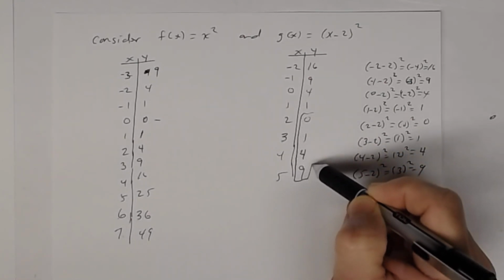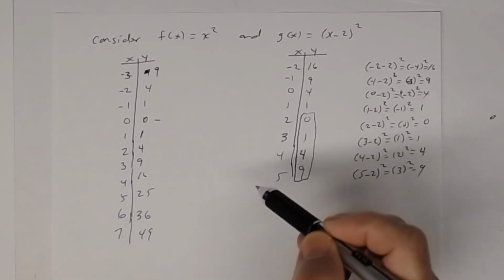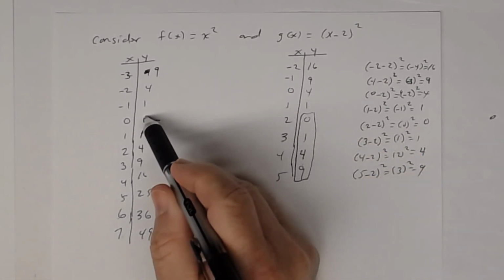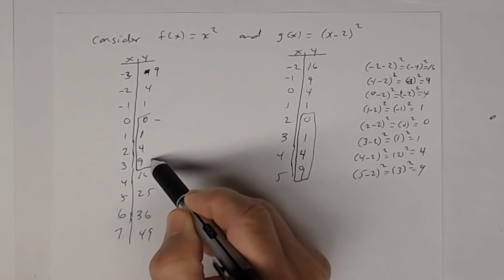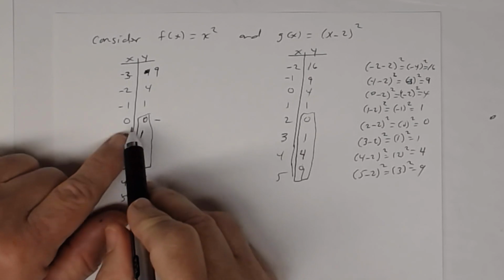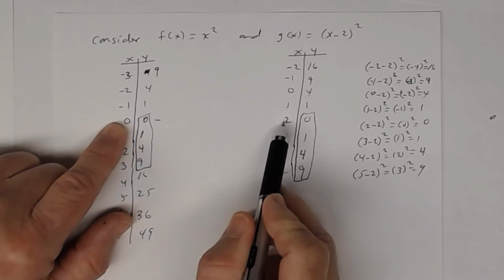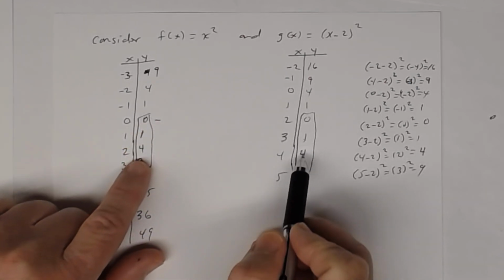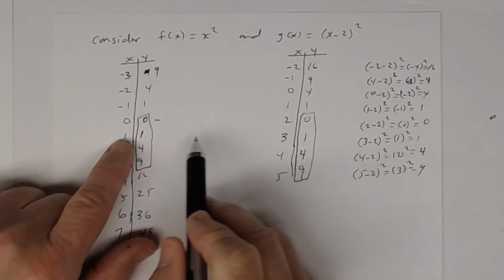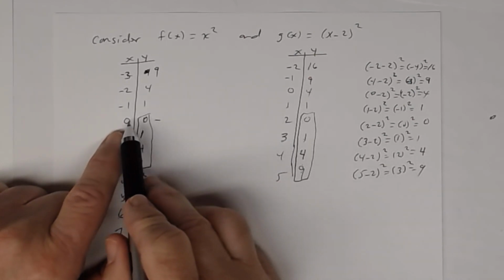I want you to focus on that. And then I'm going to find 0, 1, 4, 9 here. Remember, the y coordinates stay the same. And then I want you to compare the x coordinates. So notice that this x coordinate to go to this x coordinate, see the y values stay the same, right? 0, 1, 4, 9. So I want you to notice what happened to the corresponding x coordinates.